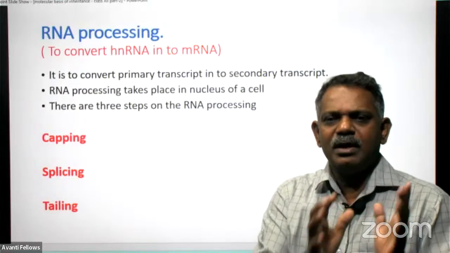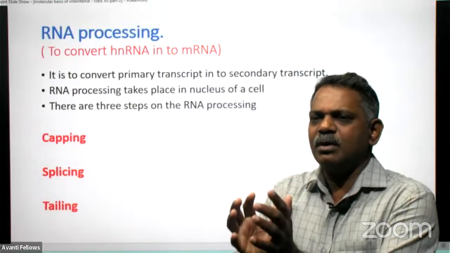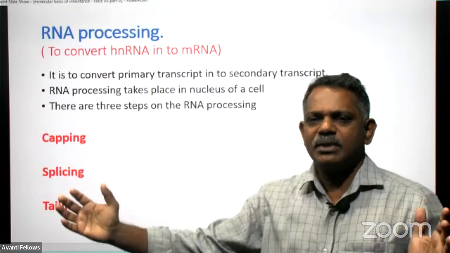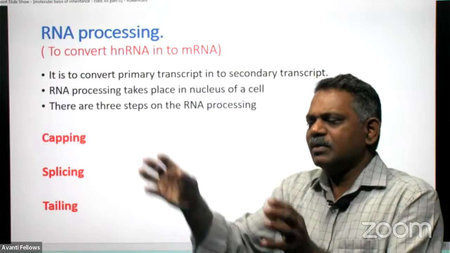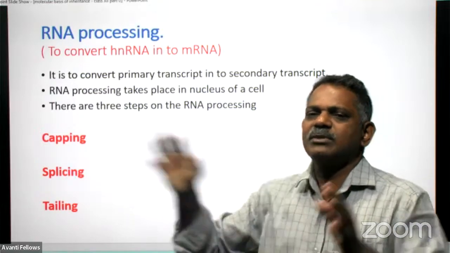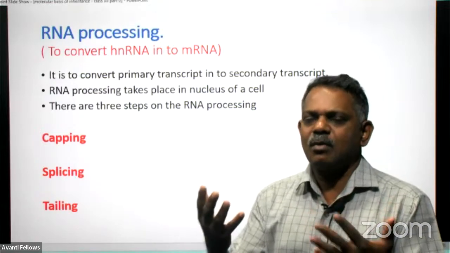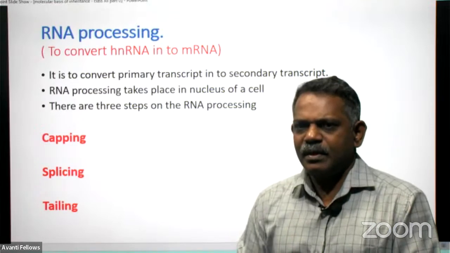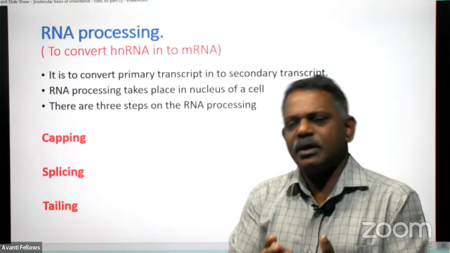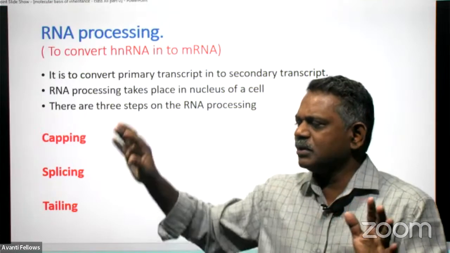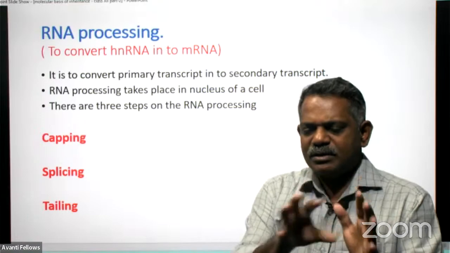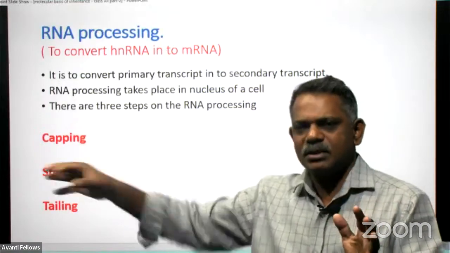Matured RNA gives the correct information about the total number of amino acids present in the protein, and also the correct information about the sequence of amino acids present in the protein. That determines the quality of the protein. The function of the protein is mainly determined by these two things: the total number of amino acids present in the protein, and the sequential arrangement of amino acids present in the protein.